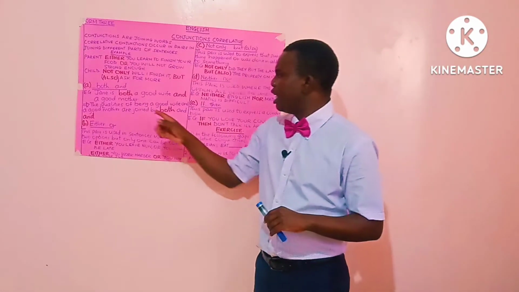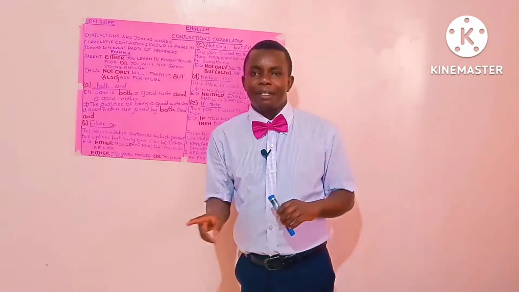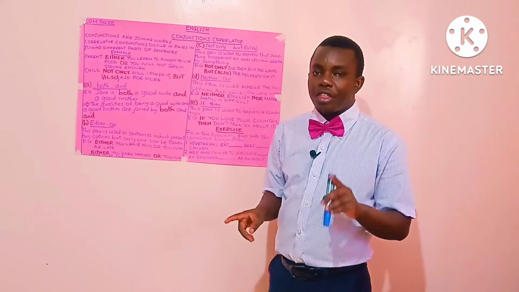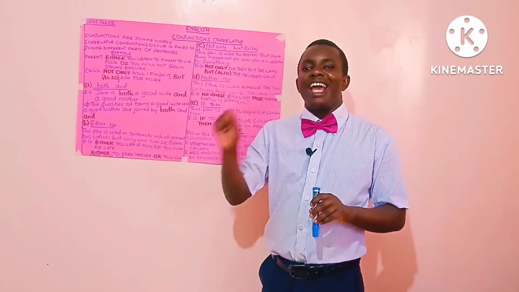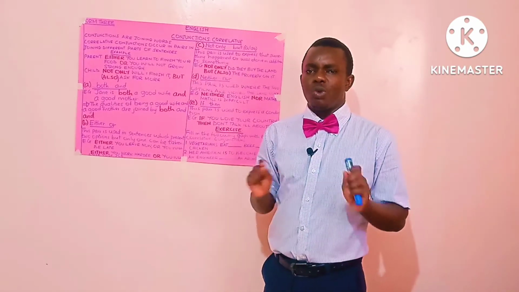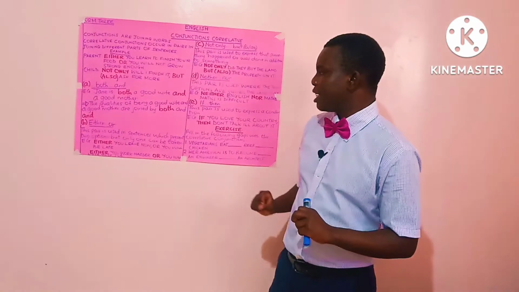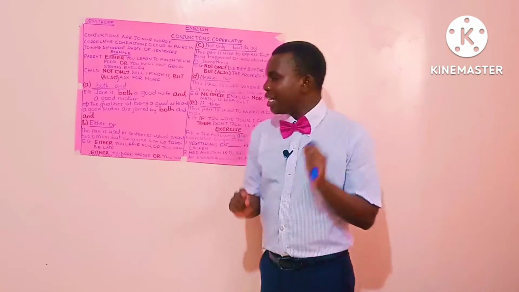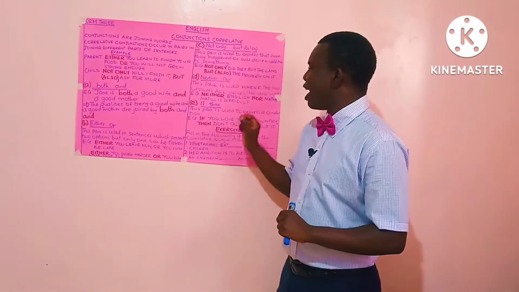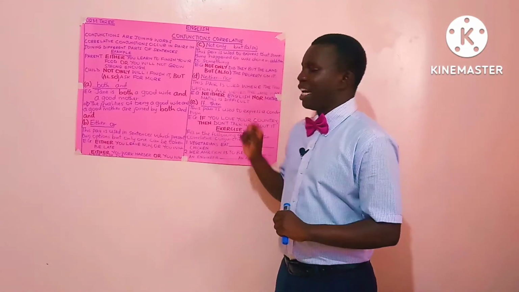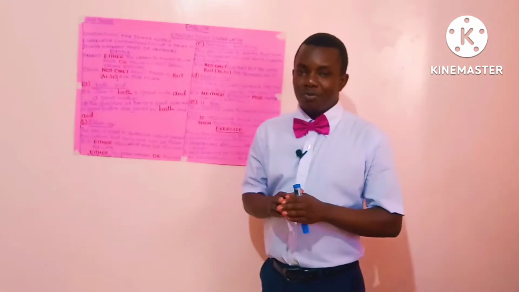We will begin with the first pair, that is both and, used together as correlative conjunctions. Let us consider this sentence: Jane is both a good wife and a good mother.